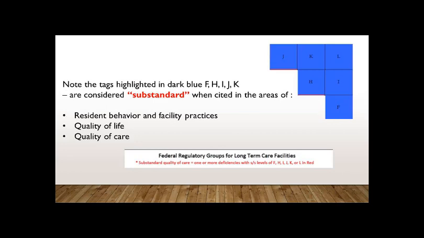The areas were in resident rights, freedom from abuse and neglect, quality of care, so quality of life, quality of cares, your resident behavior, and your facility practices. Those are what are considered substandard, and they build up that corner of the grid, and they can lead to the revisits, the fines, all that kind of stuff happens in that quadrant of the grid.